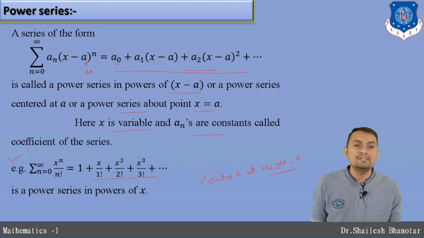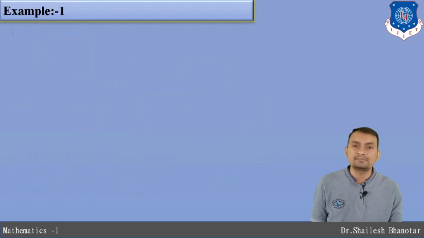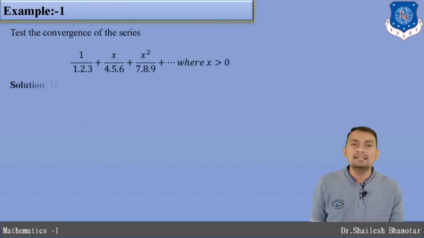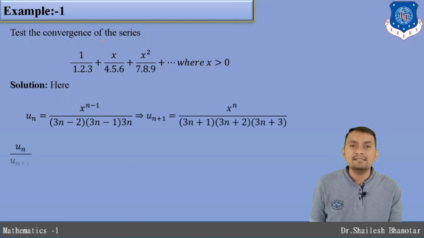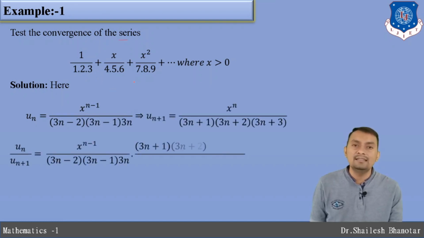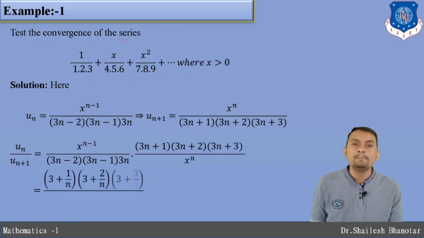So I can say x0, that is a, is equal to 0, therefore it is centered at the origin. So let us see the first question. Now how can we say that the given power series is convergent or divergent? Let us first test the convergence of the series, and then it will be more clear. So here un is equal to, so from this you have to write the general term.